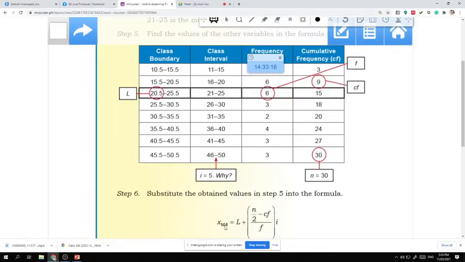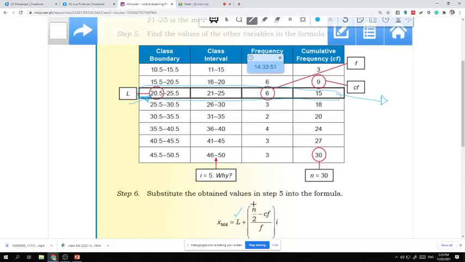So take note, the L here is simply, what is L? The lower boundary of the median class. You know this is our median class. This one over here. So take note of that. That's the median class. So the lower boundary is 20.5. Is the lower boundary clear?